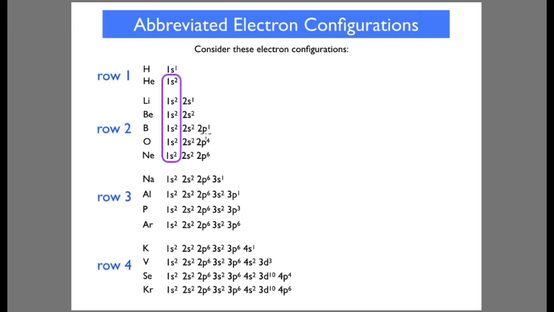We've got row 1, row 2, row 3, row 4. You can see that the elements in row 2 all have the electron configuration of helium and then some valence electrons. You see? Then, if we look at row 3, they all have the same electron configuration as neon, and then you've got these valence electrons.